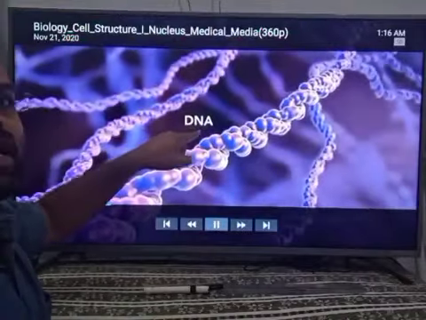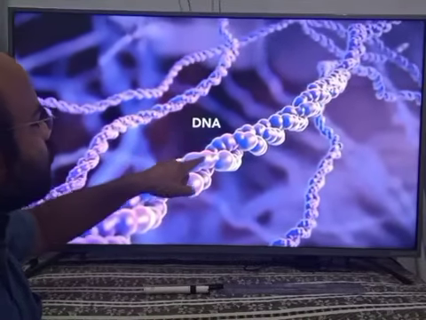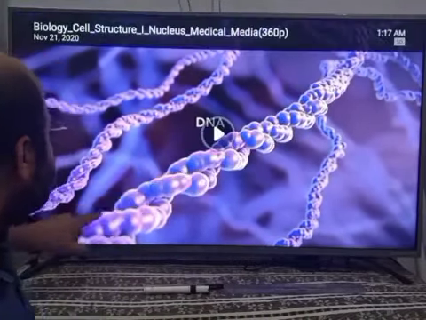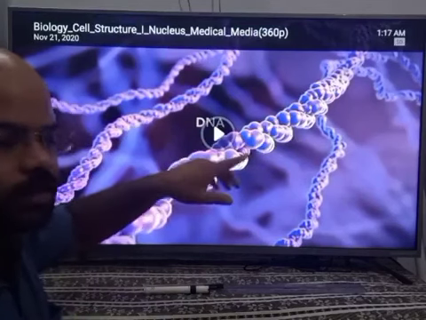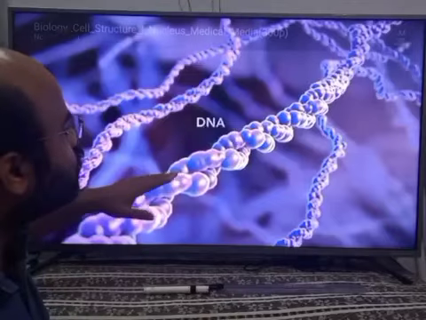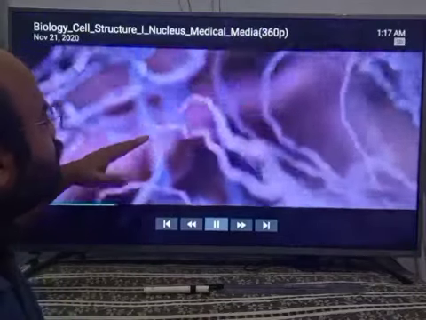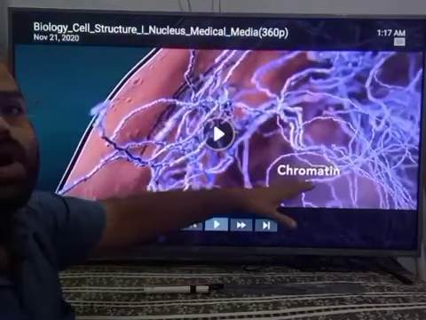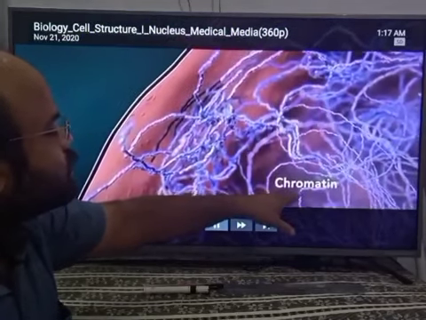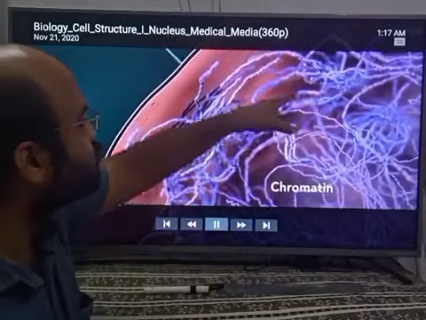We have entered inside the nucleus now. Within the nucleus these are the DNA, which are helical structures. We will discuss DNA later. These are long chain DNA, and the long chain DNA attached together to form chromatin fibers. See, these are the chromatin fibers.